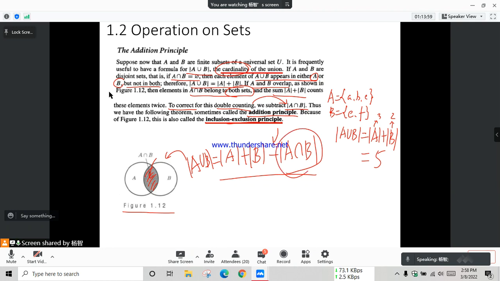What's the result of this part if they do not overlap? Yes, the cardinality of this part is 0. If they overlap, we just subtract this part, because this part is counted twice.